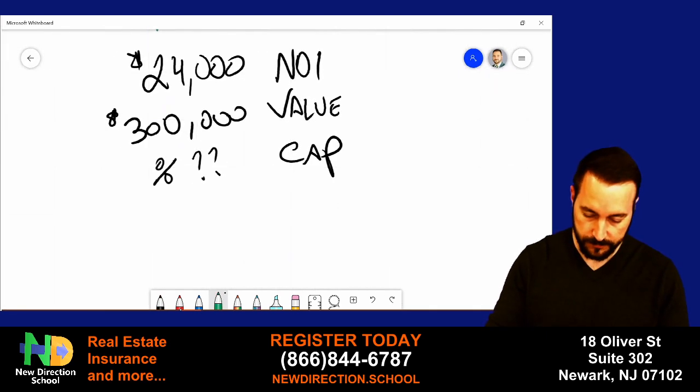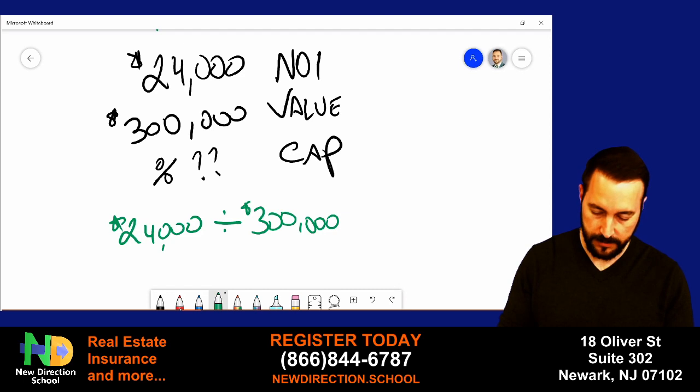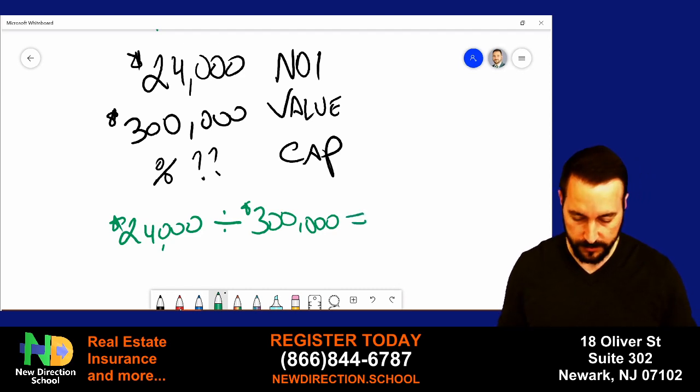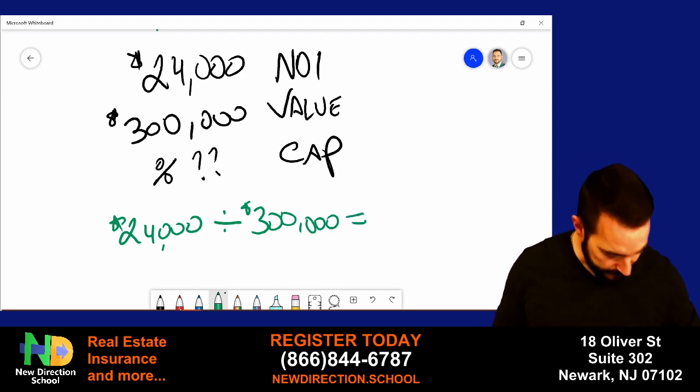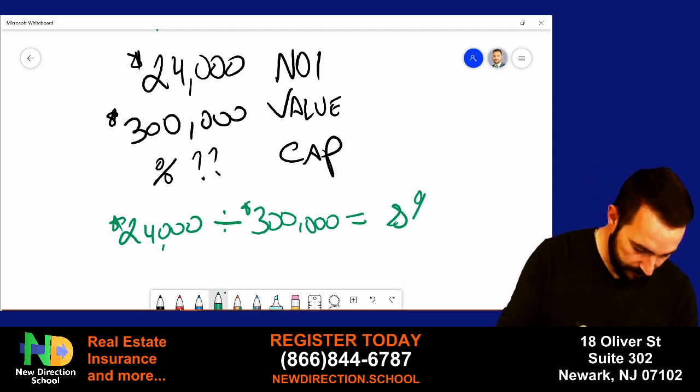So $24,000 divided by 300, and this equals the cap. So 24,000 divided by 300,000, and it tells you that the cap is 8%.